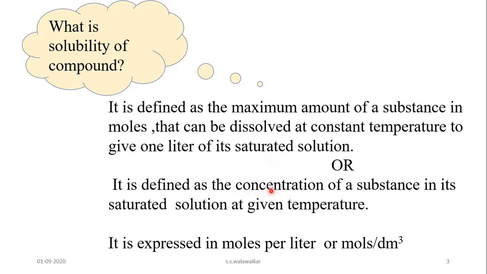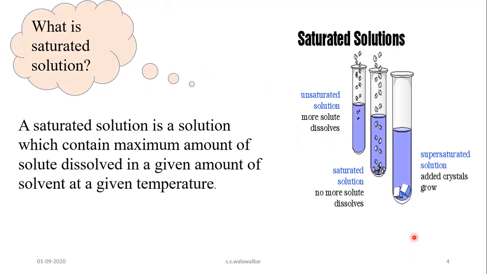So it is defined as the concentration, as it is the amount of substance in a 1 liter volume of a saturated solution. It is defined as the concentration of a substance in its saturated solution at a given temperature, known as solubility, and it is expressed in moles per liter or moles per decimeter cube.